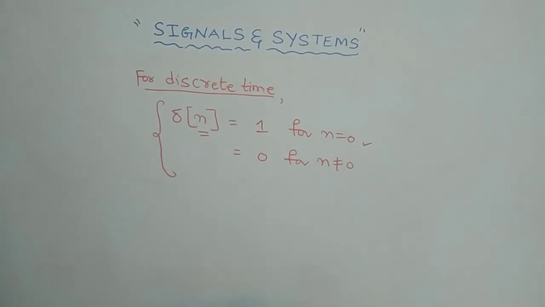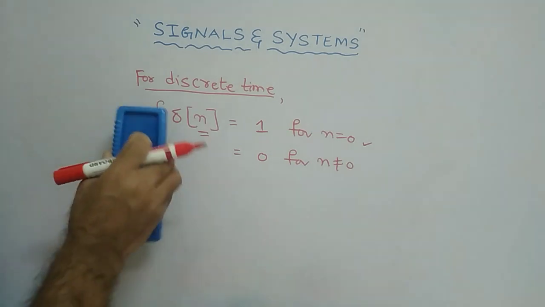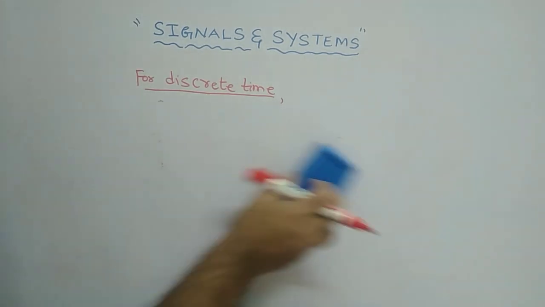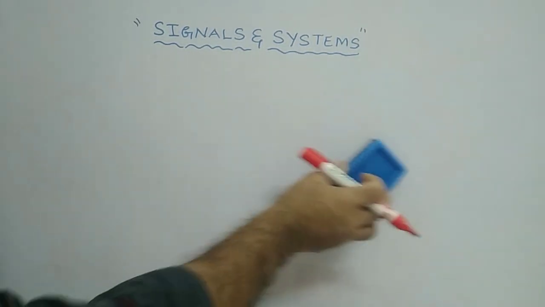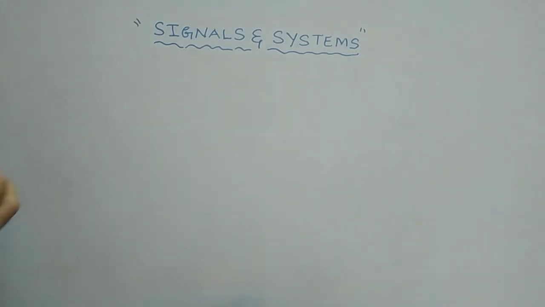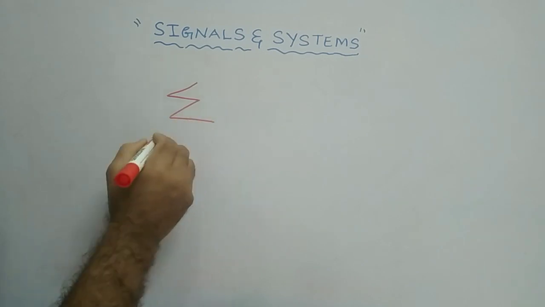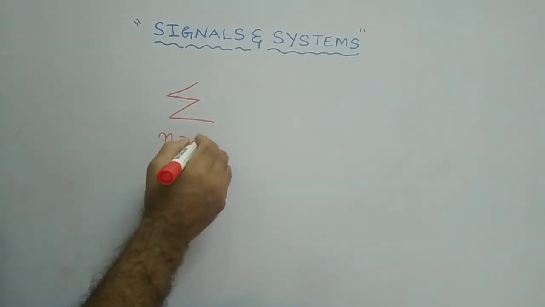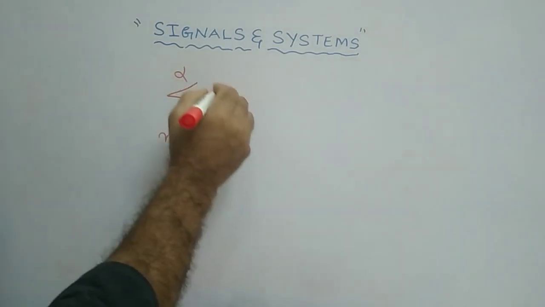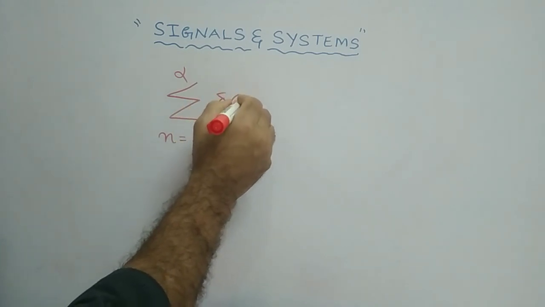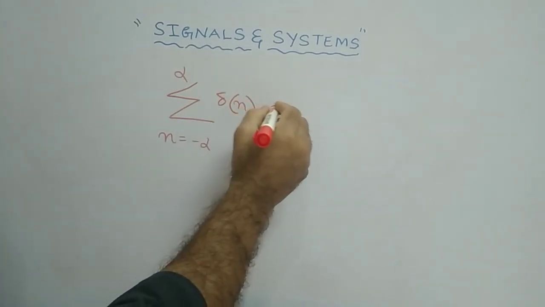And similarly, how can you represent the area under the curve of delta of n? As it is discrete, you must write the summation, sigma n equal to minus infinity to plus infinity delta of n is equal to 1.